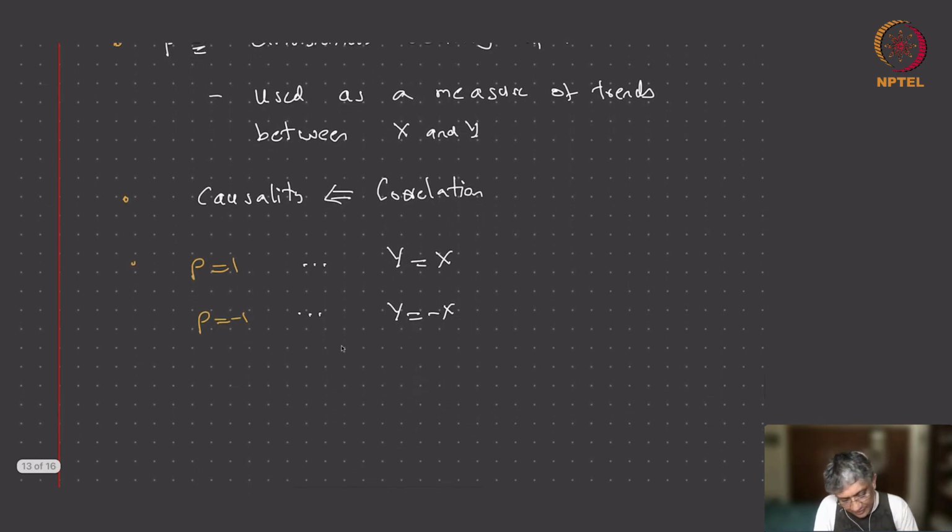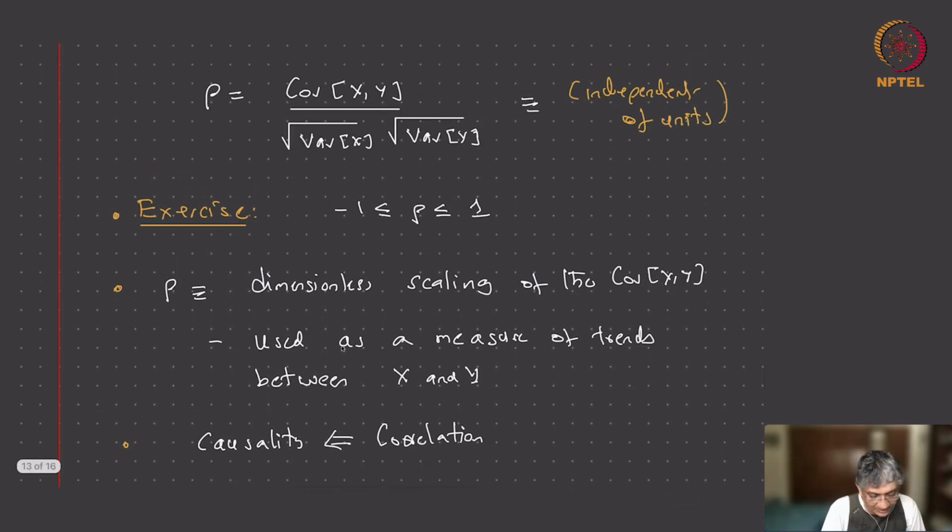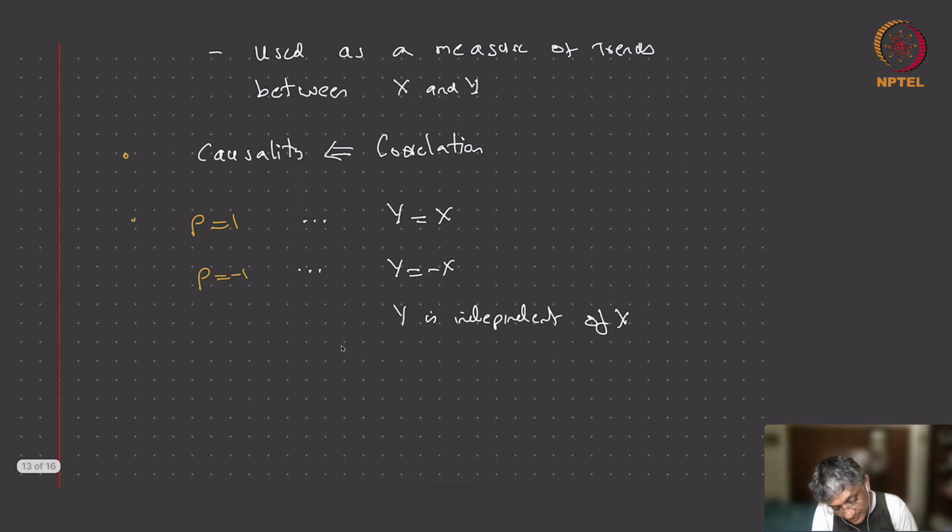And the last thing we know is that if y is independent of x, then the covariance is 0 at the top, so rho will be 0. So this implication is true, but we've already seen that the converse implication is not true.